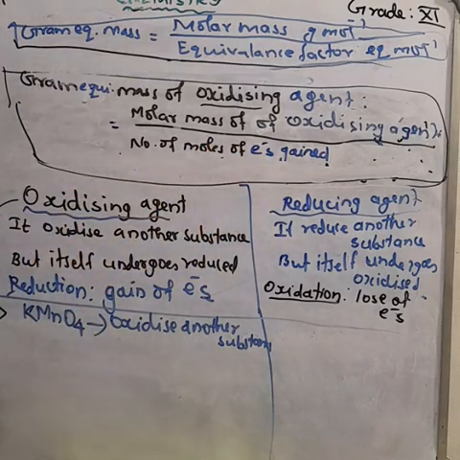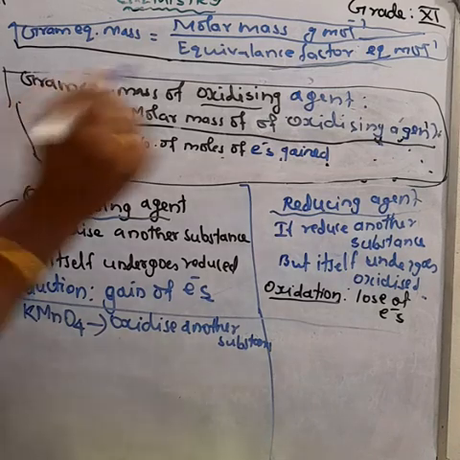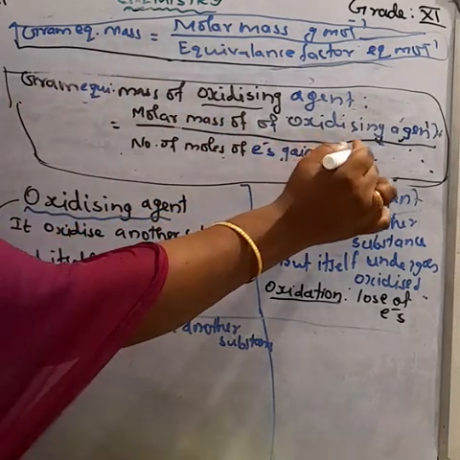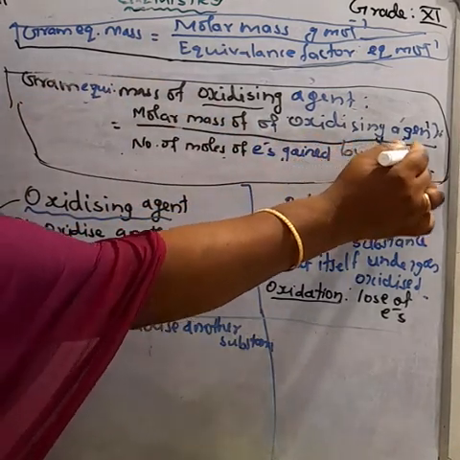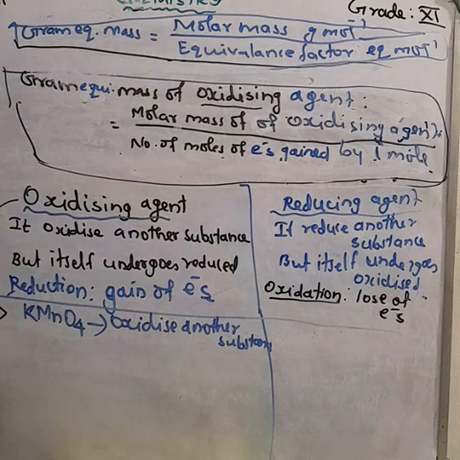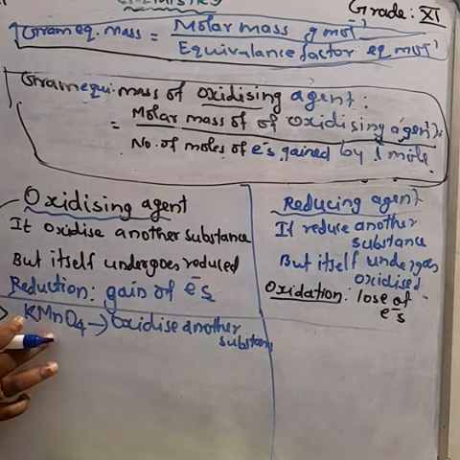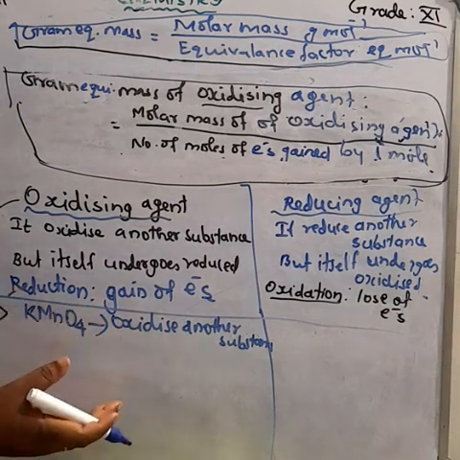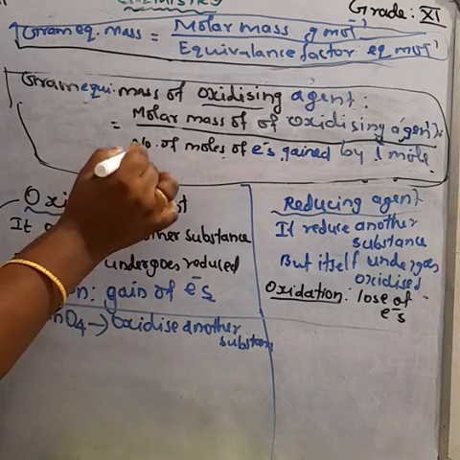Gain of electron. So it always gains electrons. KMnO4 oxidizes another substance, so the other substance loses electrons and KMnO4 gains them. So KMnO4 is an oxidizing agent.